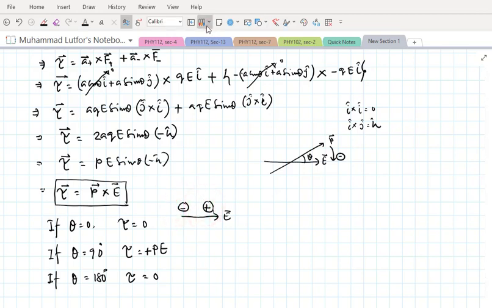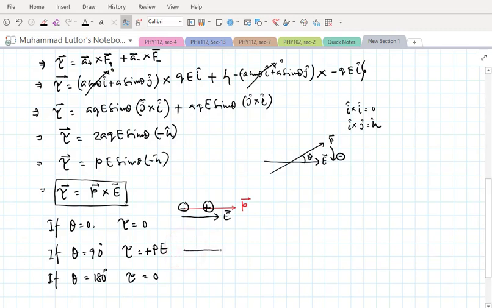In that case, the dipole moment is toward that direction, which is P, right? So we can say that this is P, they are aligned in the same direction. For the second case, say that your electric field is towards that direction.